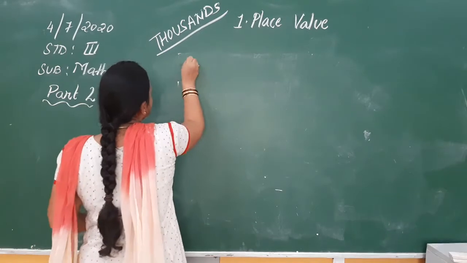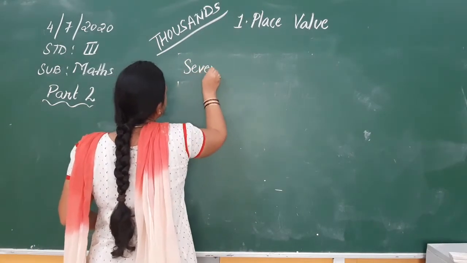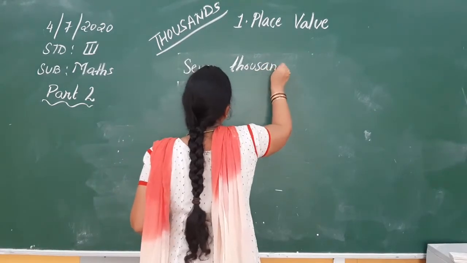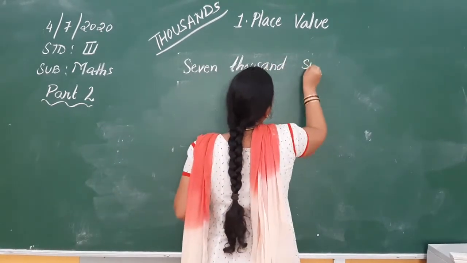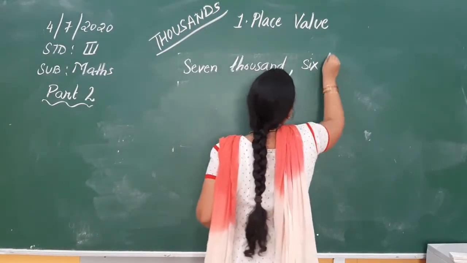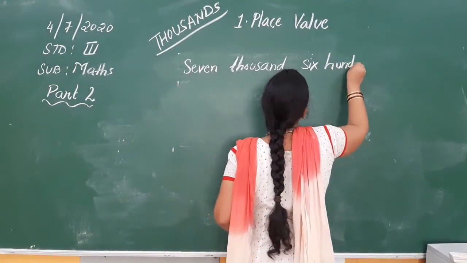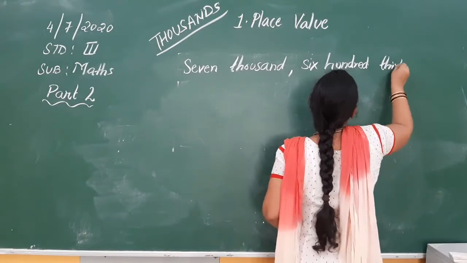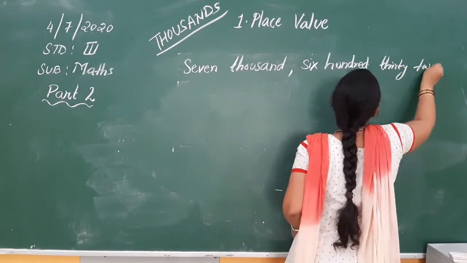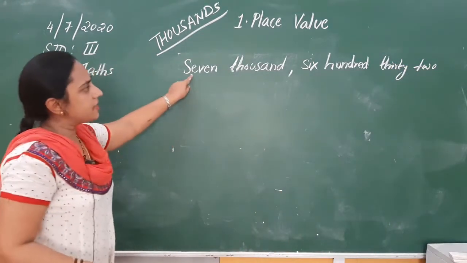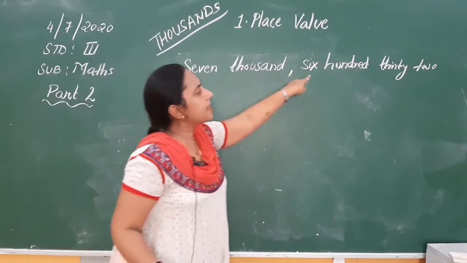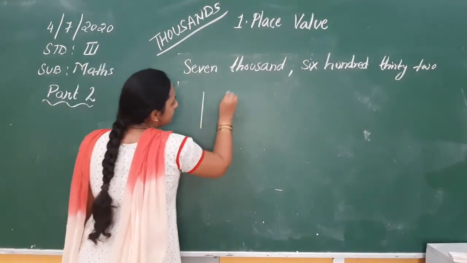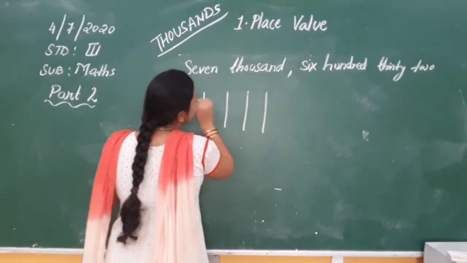Suppose it is given 7,632. Now let us see through the place value first.